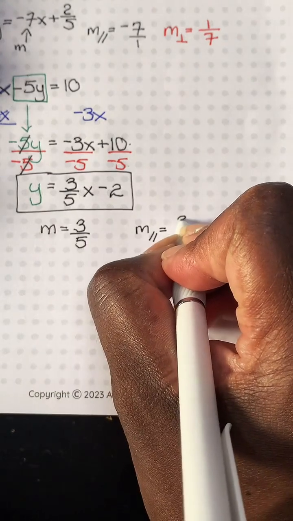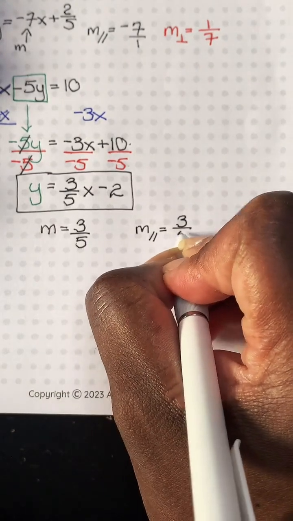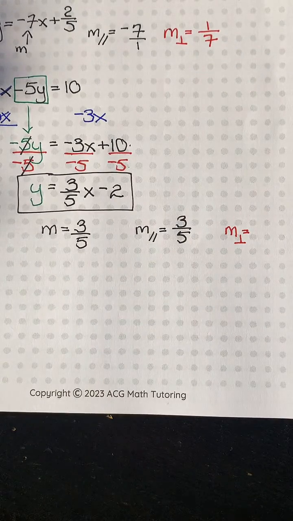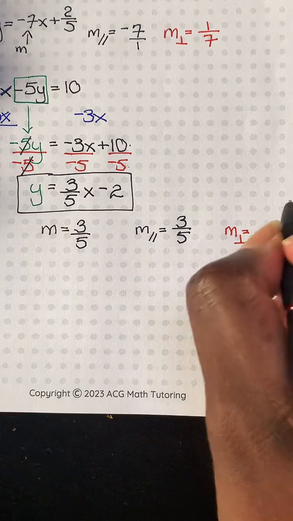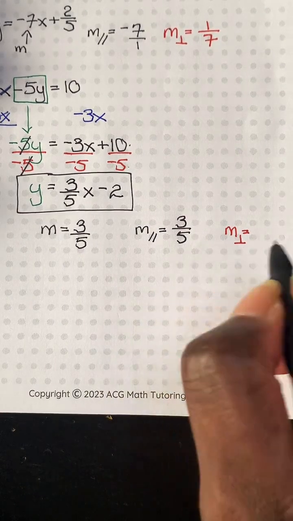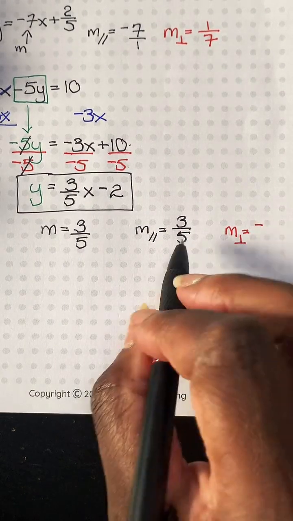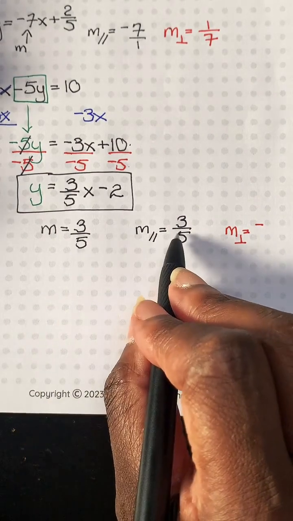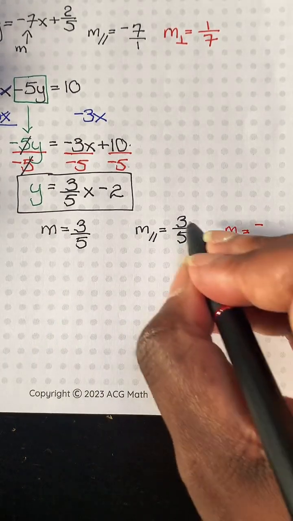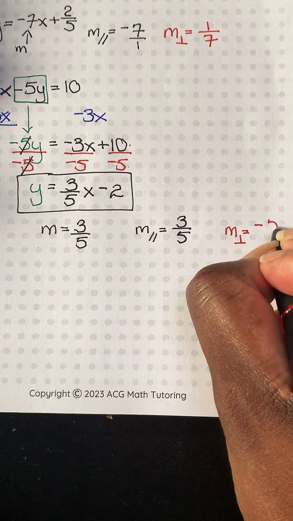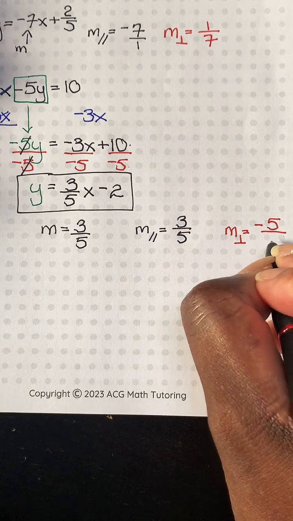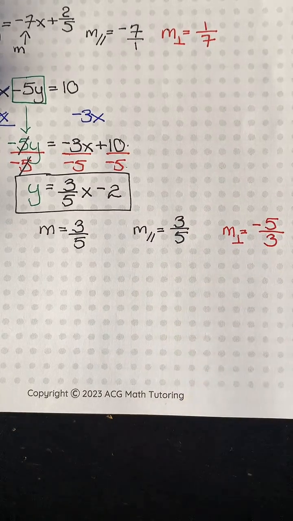So that will give us our 3/5. Good. KFC. Are you hungry? And then the perpendicular will be the opposite, meaning the signage goes from positive to negative, and reciprocal, meaning you're going to flip. So it gives you your 5/3.